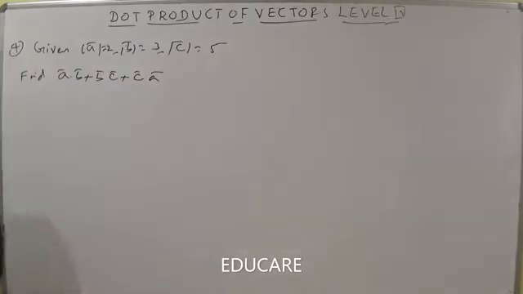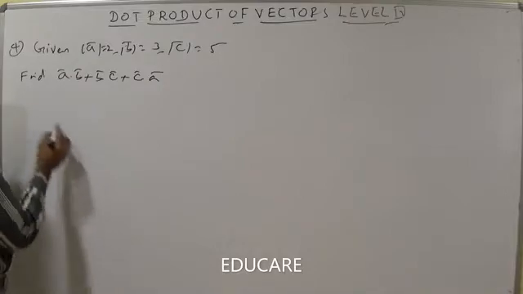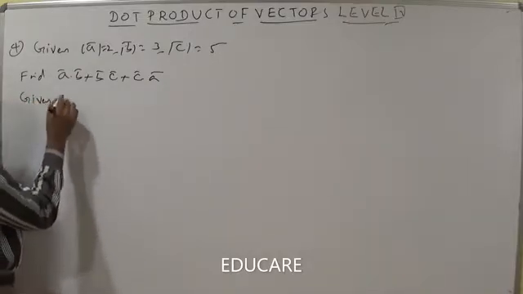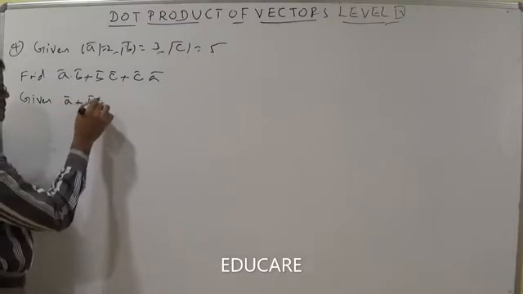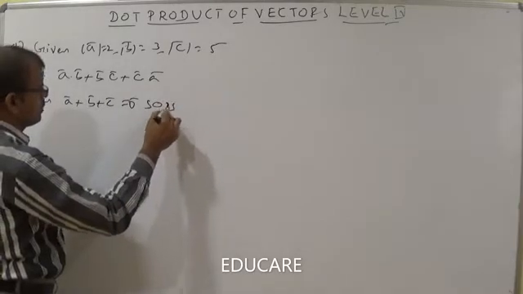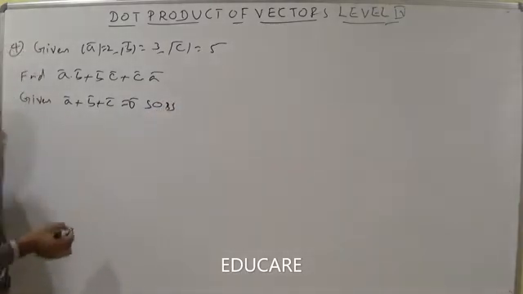Whenever A bar plus B bar plus C bar is equal to 0, also given, I am writing as A bar plus B bar plus C bar equal to 0. In level 1 we discussed such easy problems.